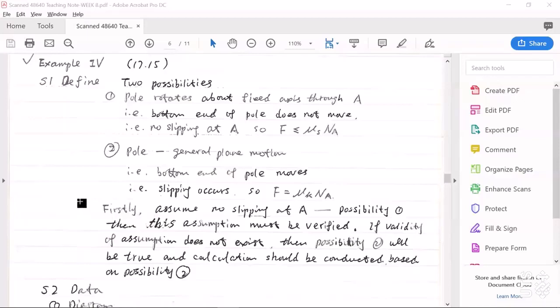If we find the assumption is void, then that means this possibility 1 is impossible. Possibility 2 must be true. Then we will need to do calculation based on possibility 2. That will be a problem of general plane motion.